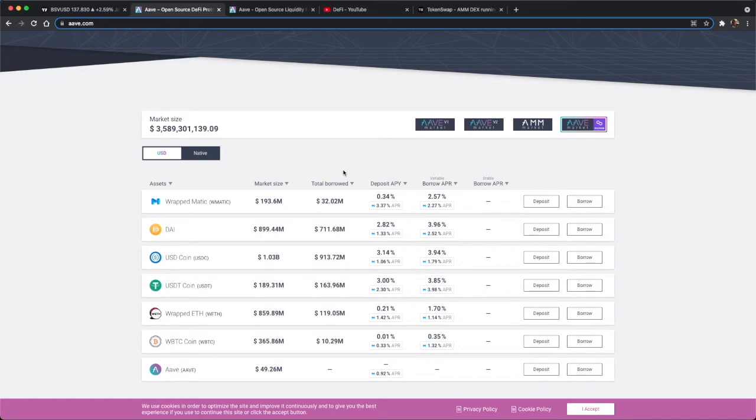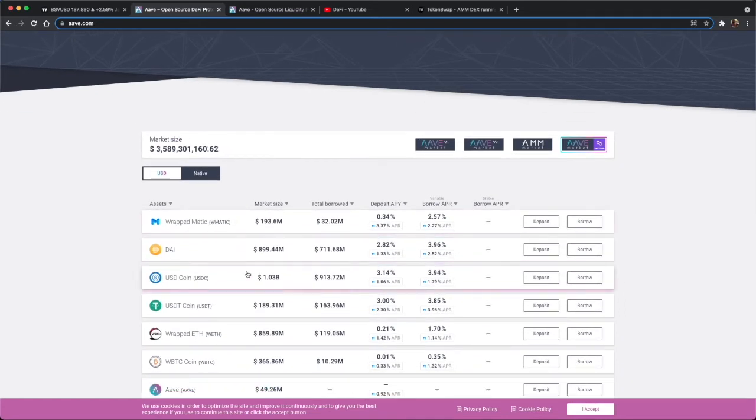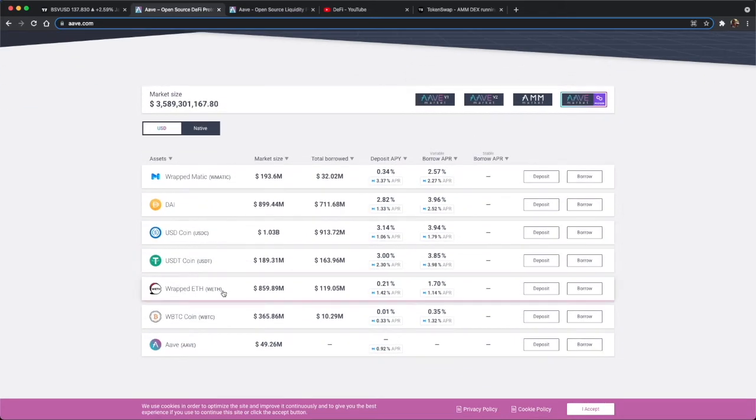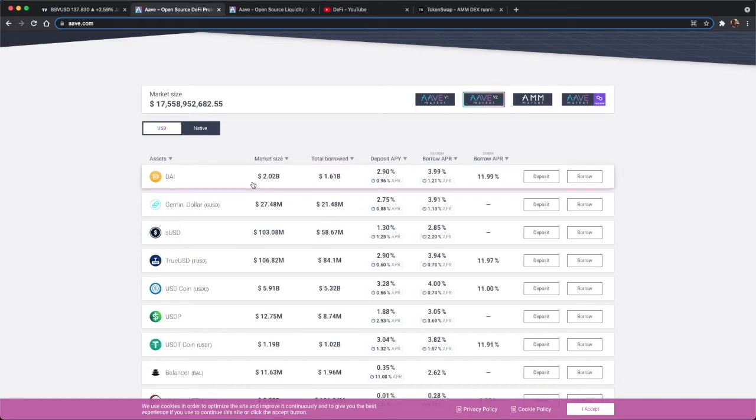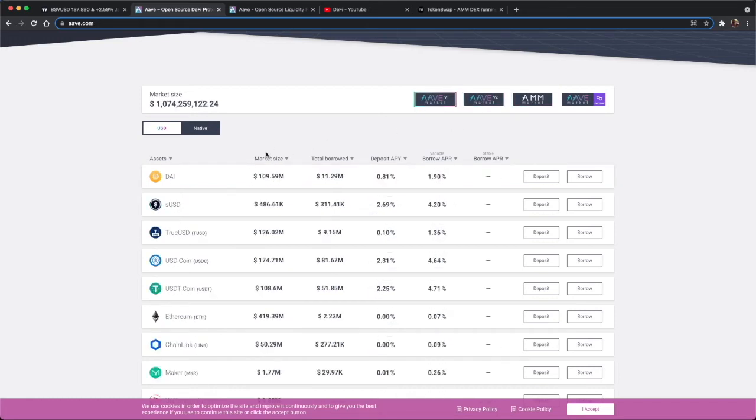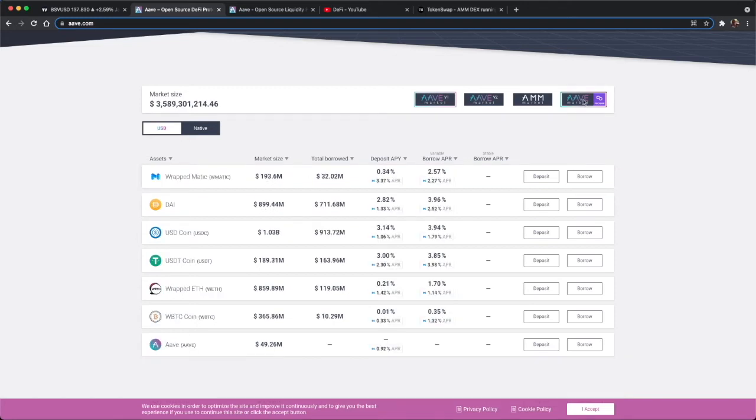And what's interesting is, you look at this market and you have DAI, okay? DAI is what they use in AAVE or whatever, but then you have all these other stable coins. And DAI right here, market size is 1.49 million. Version 2, 2.2 billion. Version 1, 109 million.